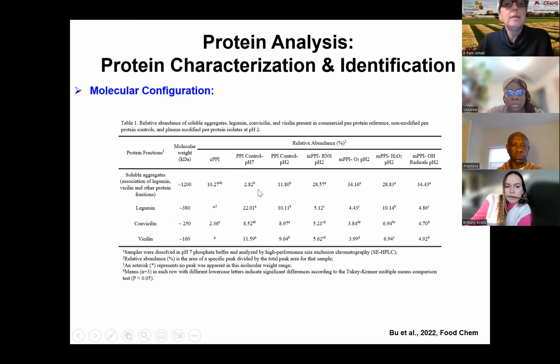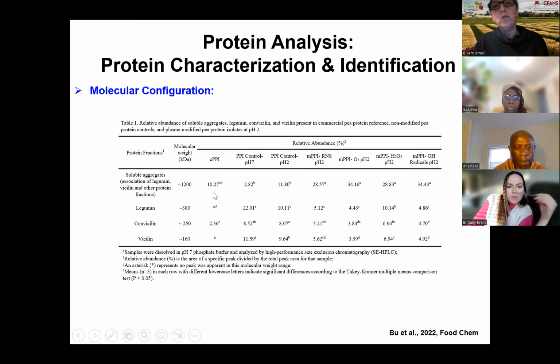And here in this example, we can see that with cold plasma, we generate large amount of soluble aggregates, and the presence of soluble aggregates usually resulted in enhanced gelation. So we link structure to function. So we look at the commercial pea protein, for example, has low amount of soluble aggregates and hardly any functional proteins, because most of the protein is aggregated and precipitate.